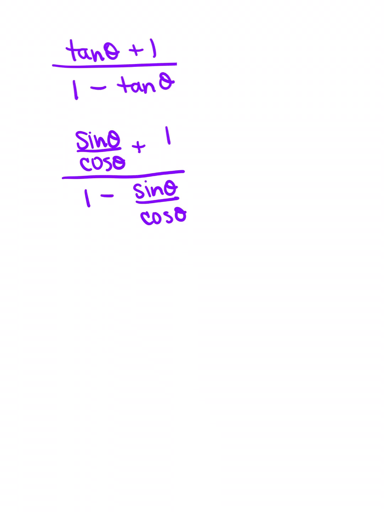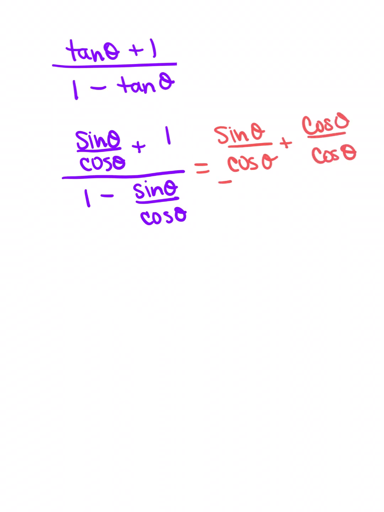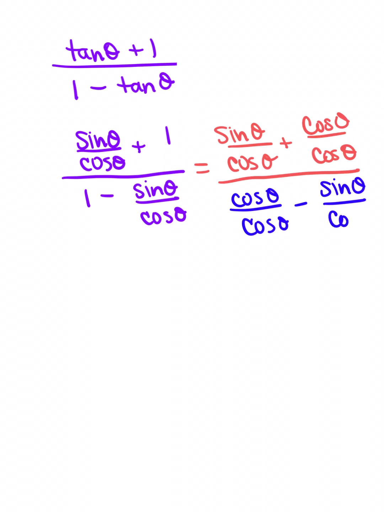We're going to get a common denominator. So sine of theta divided by cosine of theta plus cosine of theta divided by cosine of theta on the numerator. And on the denominator, we're going to get a common denominator of cosine. So that's going to be cosine of theta divided by cosine of theta minus sine of theta divided by cosine of theta.